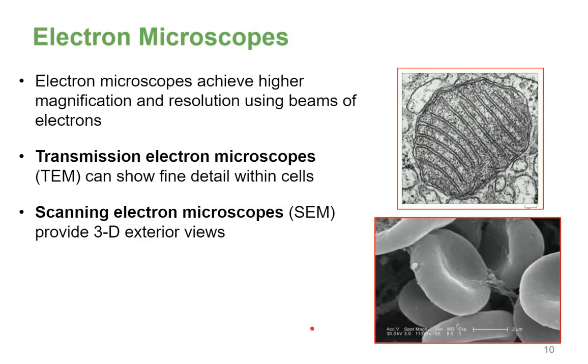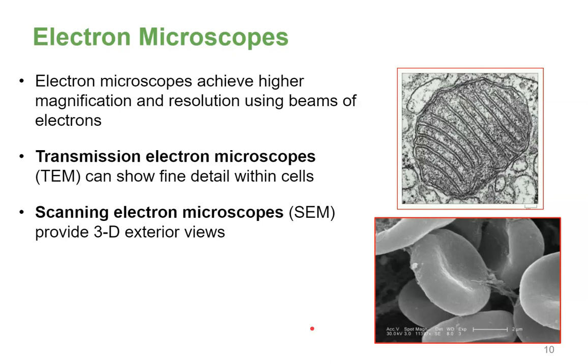Electron microscopes are, again, really large, and they're typically used for research purposes. You probably won't use one as an undergraduate in a biology lab, but maybe in a higher level class or even in graduate school. Electron microscopes achieve really high magnification and resolution by using beams of electrons.